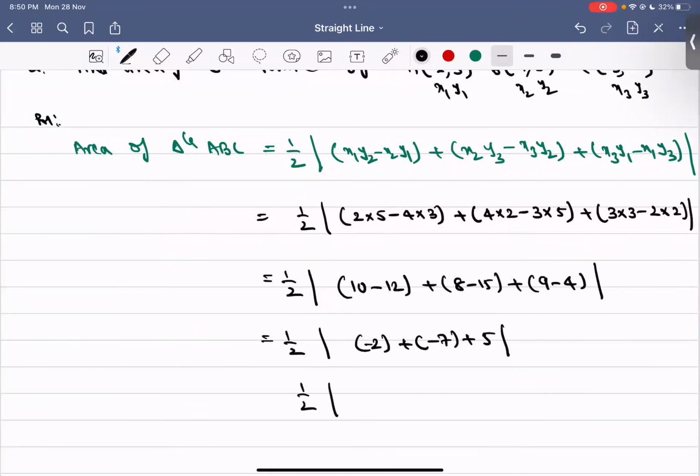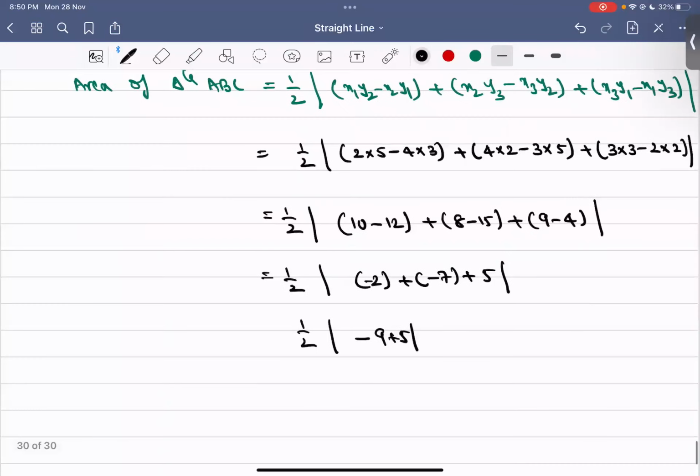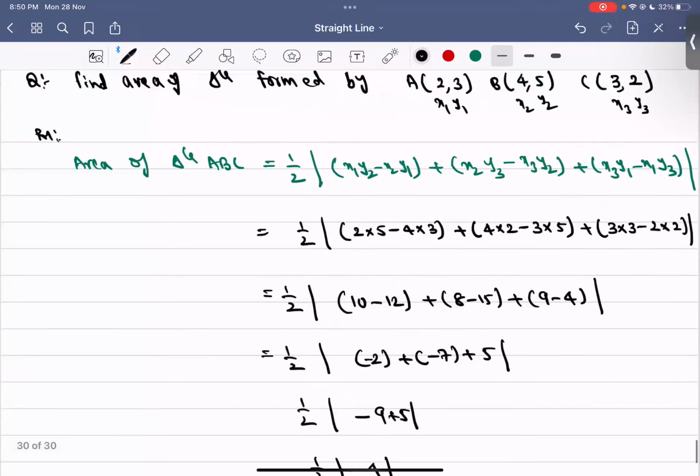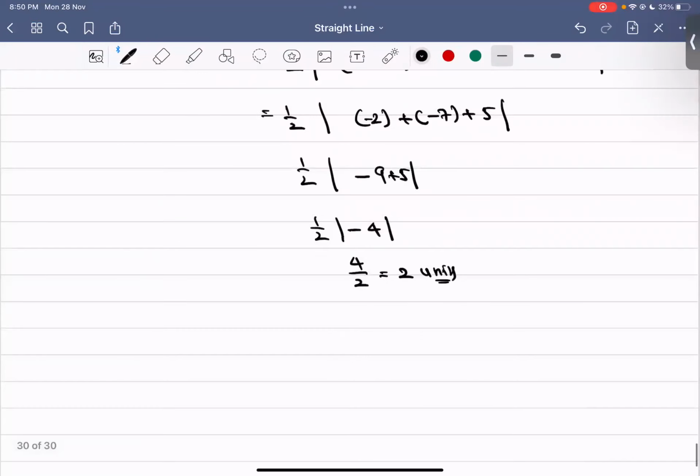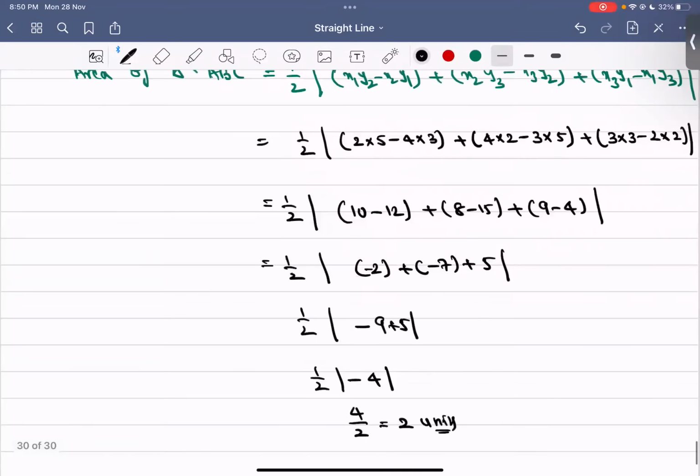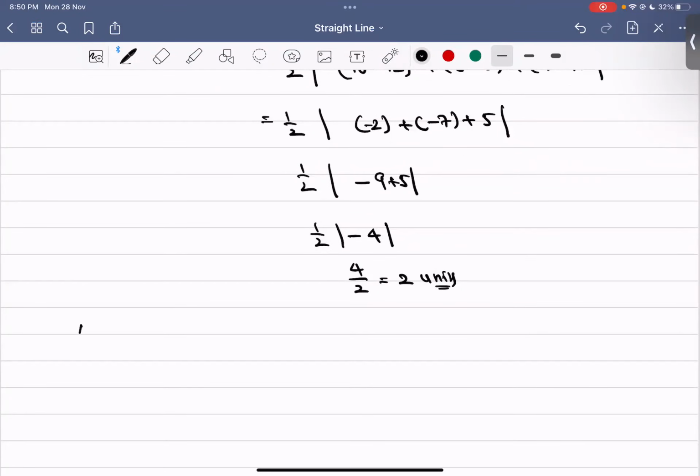So that is 1 by 2 into minus 8, minus 9 plus 5. That is nothing but 1 by 2 into minus 4, which is 4 by 2. That is 2 units. So this is the answer.